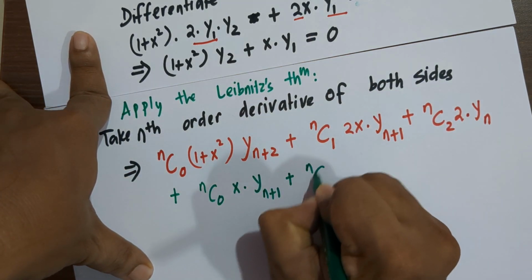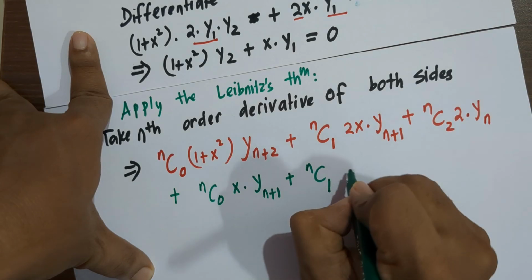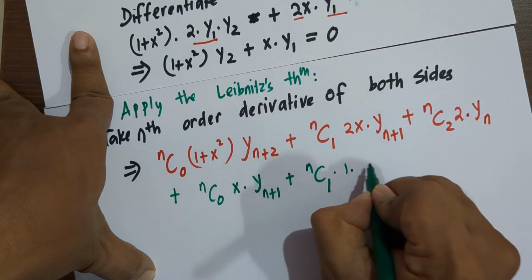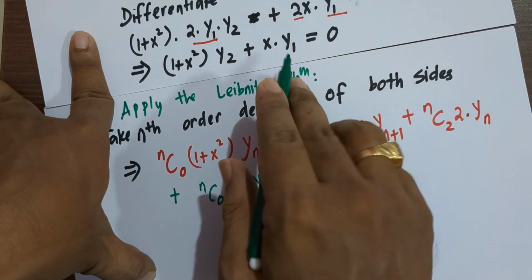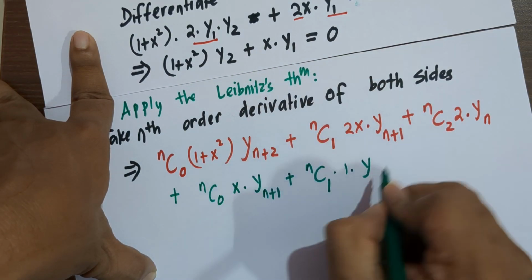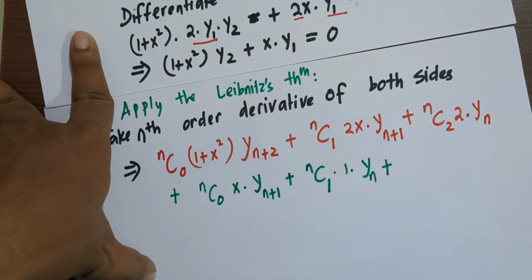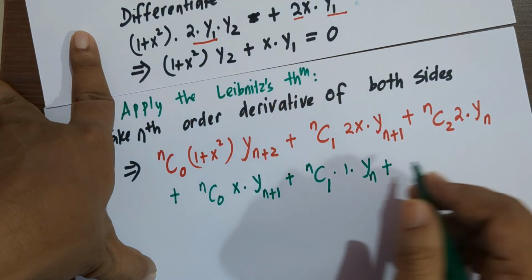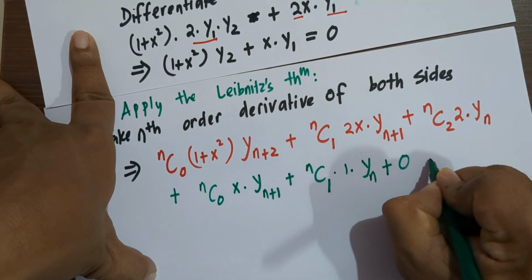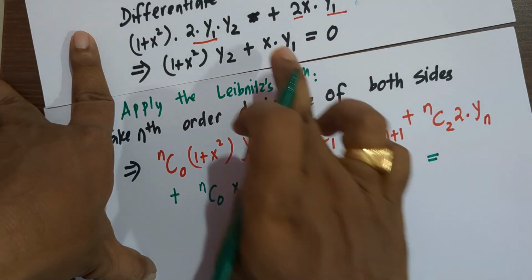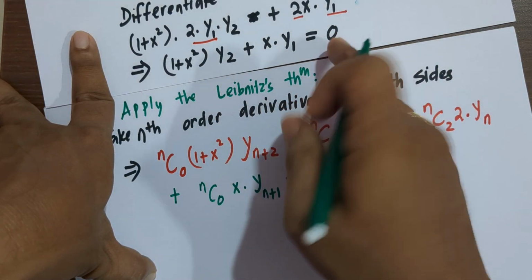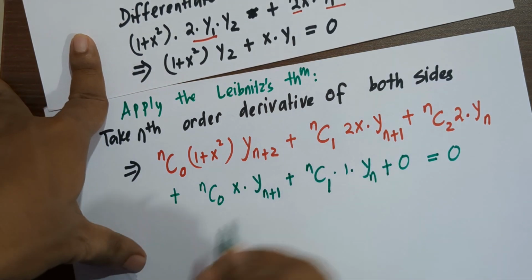Next we have nC1, then the first order derivative of this one is 1, and the (n minus 1)th order derivative of this one, n minus 1 plus 1, which is n. Then we have to take the second order derivative of x, which is 0, so the rest of the terms are 0. And so this is Leibniz theorem for the second term, and for the right hand side the nth order derivative of 0 is 0, first order derivative 0, second 0, and so on.